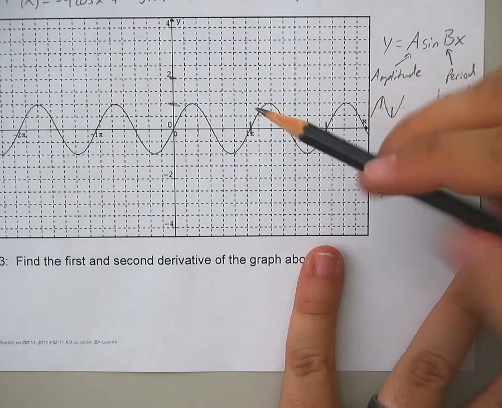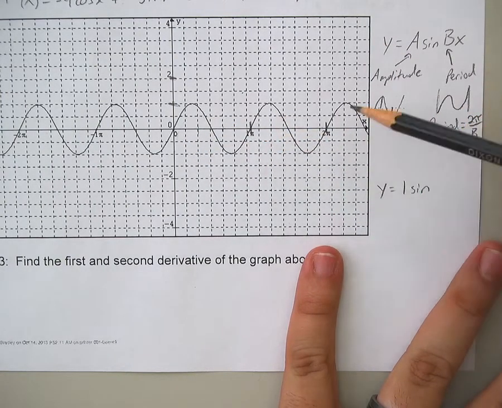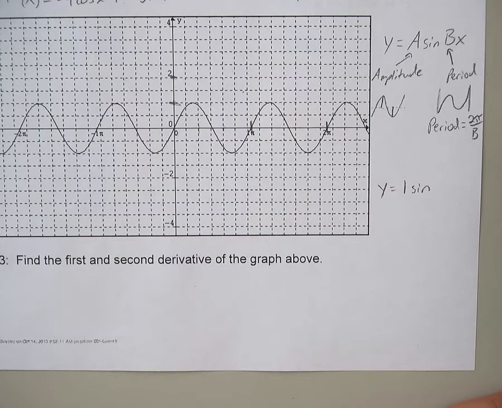In that 2 pi length, we completed 2 full waves. So our period here, in other words, is going to be 2. 2 pi over b. So out of 2 pi, taking and dividing out that pi level, how long did it take to go one length?